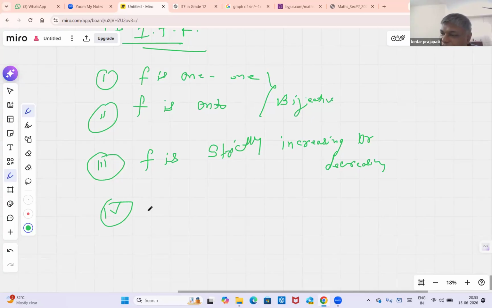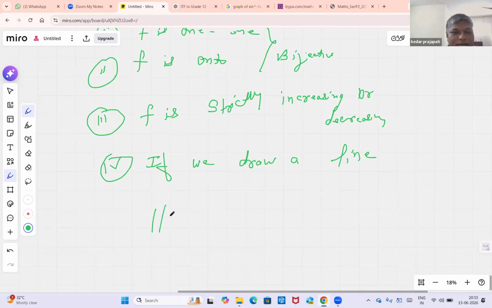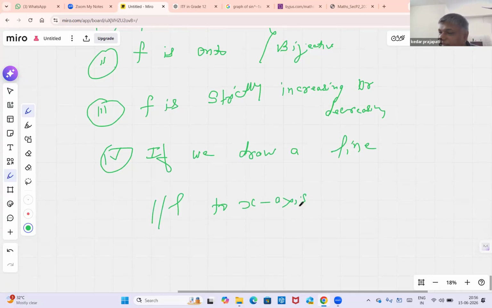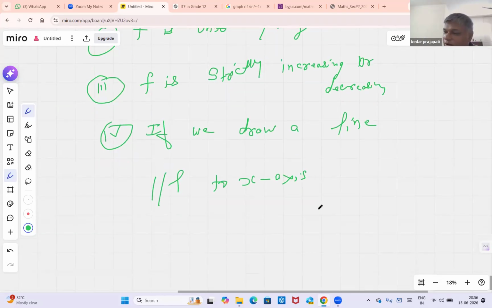What I'm asking is, if we draw a line parallel to the x-axis, then what will happen? It must not intersect at more than one point.